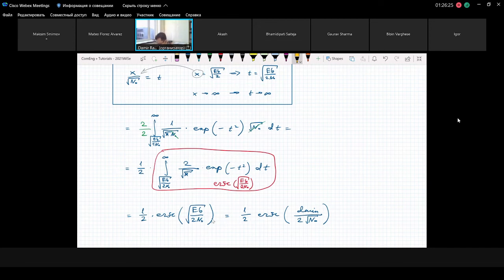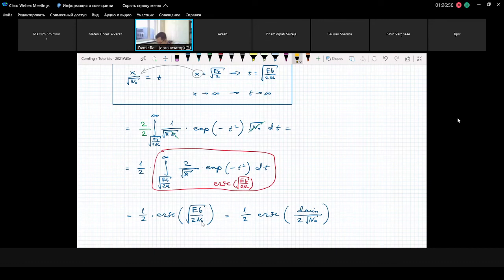Because we don't have an analytical solution, here I say: please take the table of numbers that corresponds to the complementary error function and give me the value of the function for the argument square root of EB over N0.